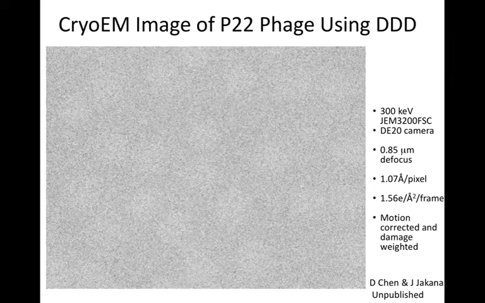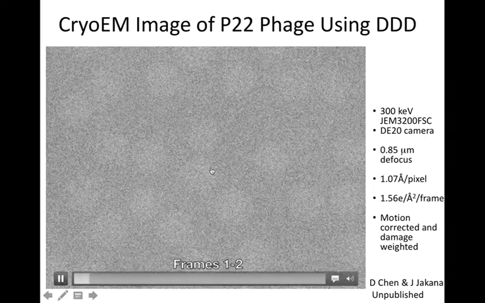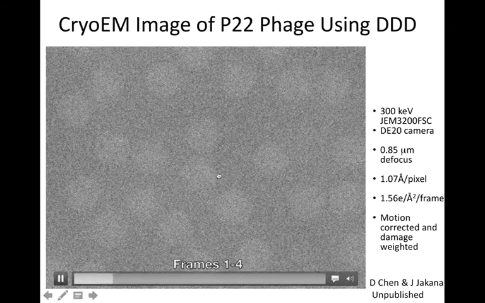This means that in each of the specimen areas, we can take multiple frames, and then with all the frames, we can do computational manipulations to realign the frames so that each frame is exactly aligned to each other. Here I'm going to show you how different numbers of frames are being aligned to each other.